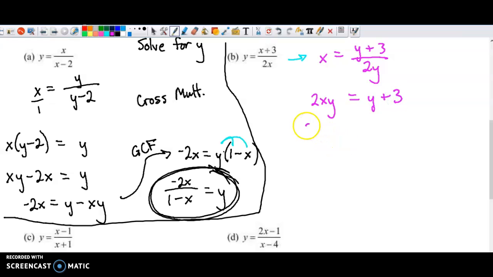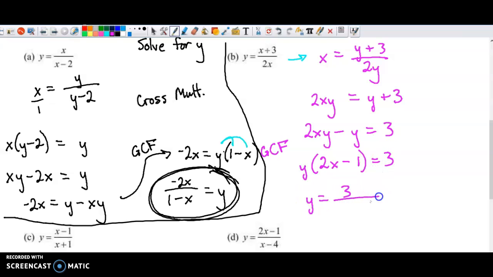There's a lot of different ways you can do this, but I would subtract y to the left side so I can GCF out. You know you're doing this problem correctly if you get a greatest common factor. And then you can solve for y by division. And I'm more interested in this part of the answer, not so much the y equals.